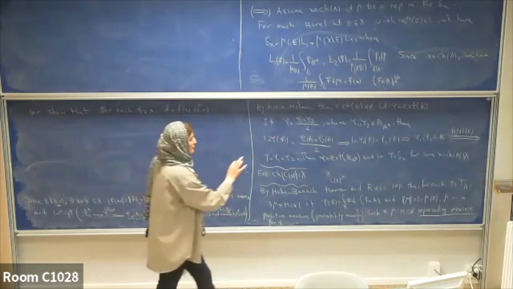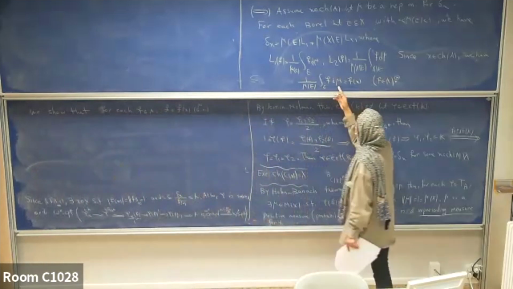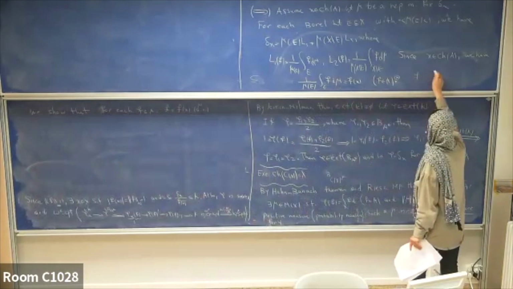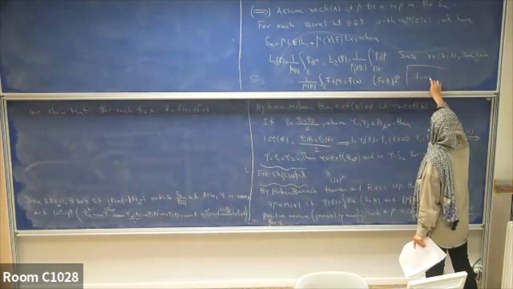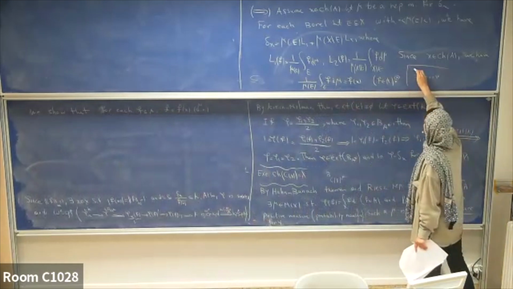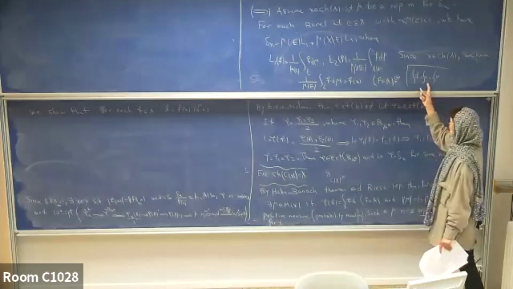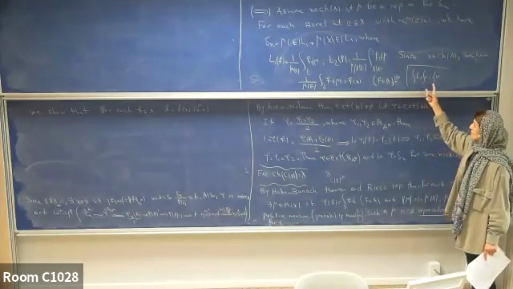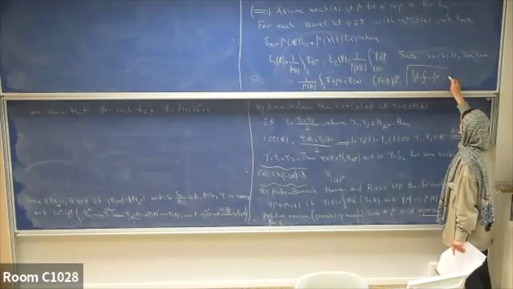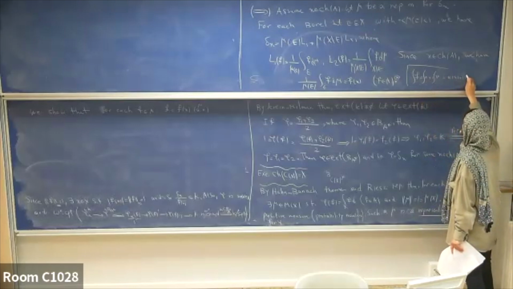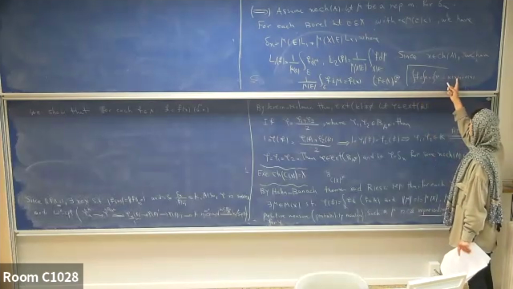But mu is positive. So, for example, if f is u plus iv, the integral of f means the integral of u plus i times the integral of v, and this is real valued, this is real valued. If it's u of x plus iv of x, it should be the same.